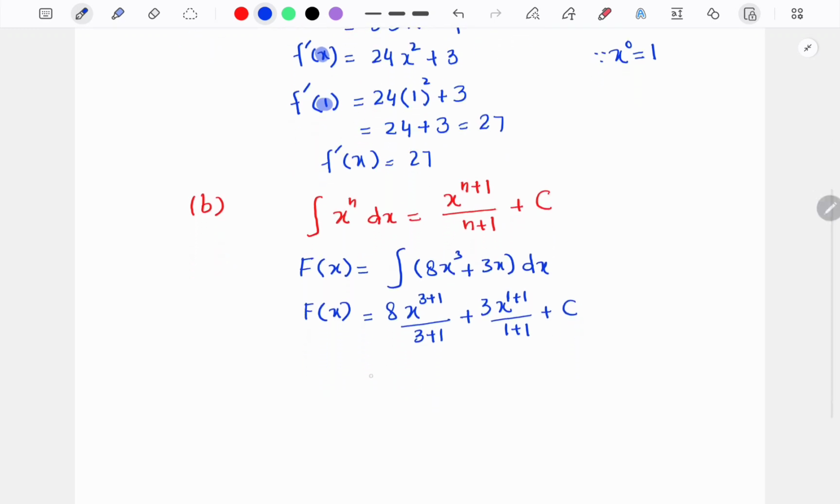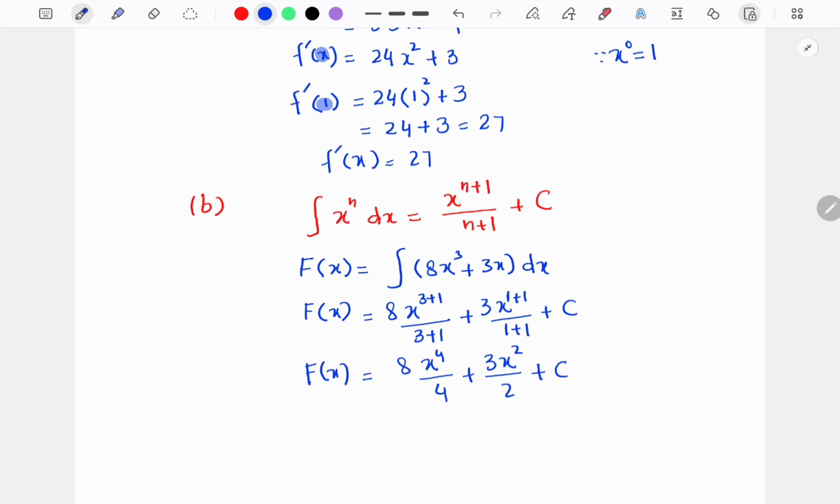Now it will become 8x to the power 4 over 4 plus 3x to the power 2 over 2 plus the constant of integration. We can write it like this.